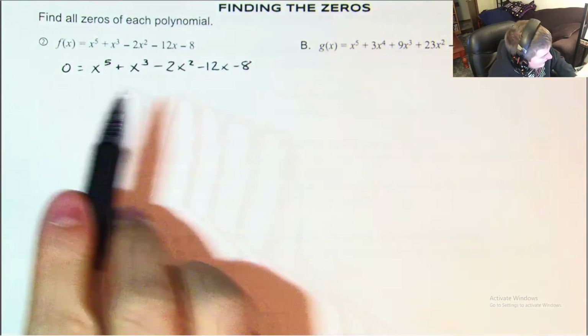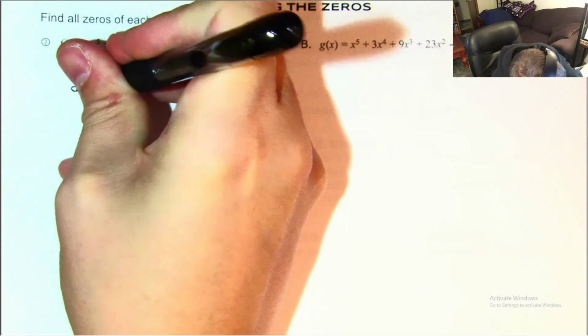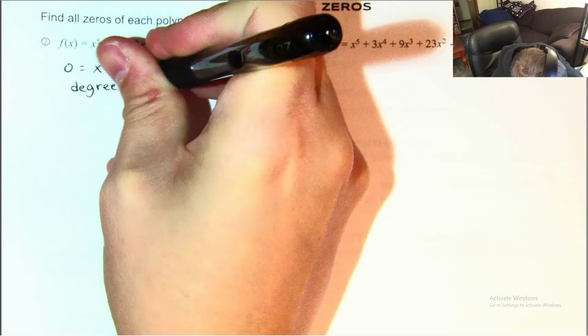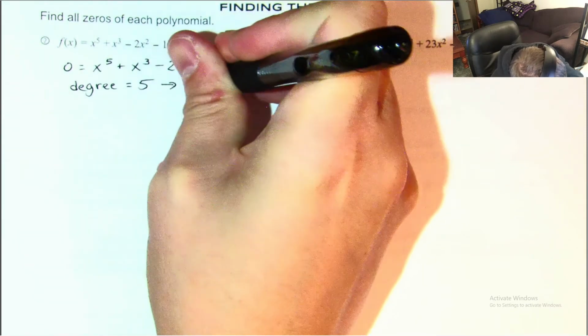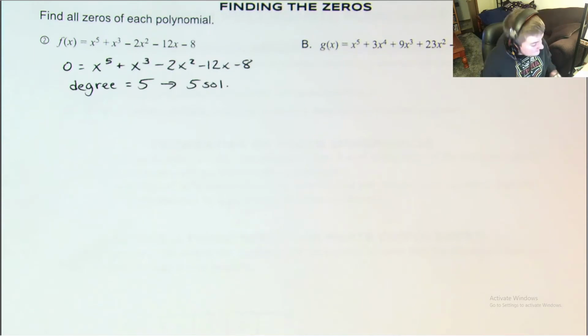I have a degree of 5. So that means when I'm all said and done, I should have 5 solutions based on the fundamental theorem of algebra. Okay, so let's go ahead and solve this.